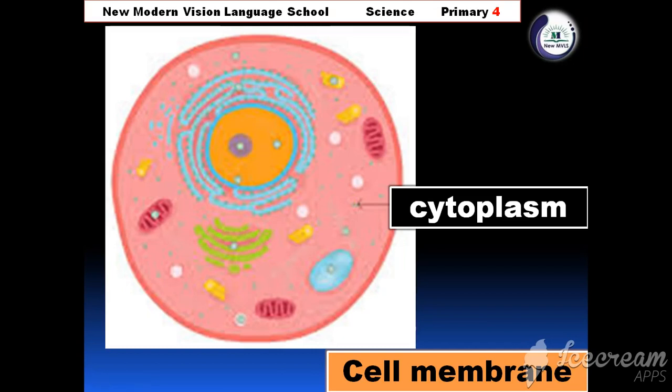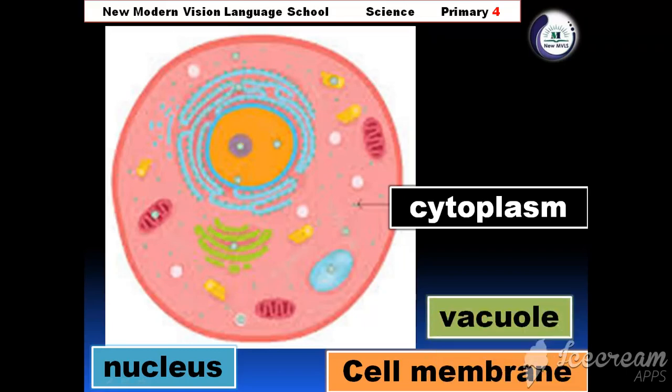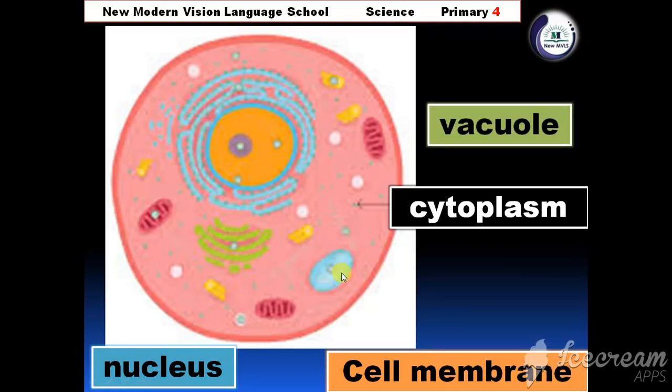Also we will find the nucleus. It's a main component here. Finally, we will find what? Vacuoles. There is no cell wall, there are no chloroplasts or green plastids. This is the animal cell and the plant cell.